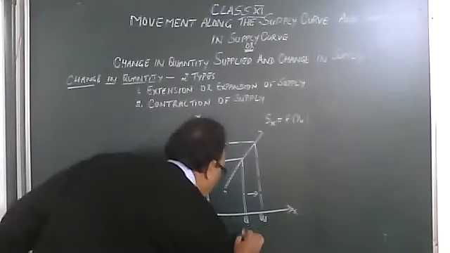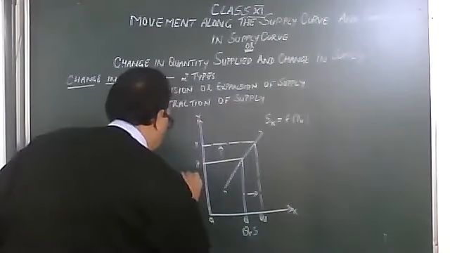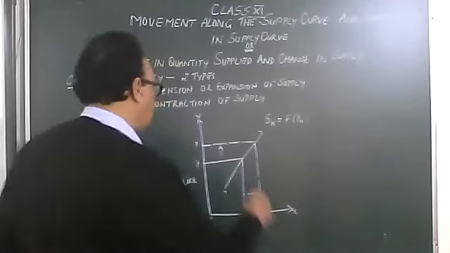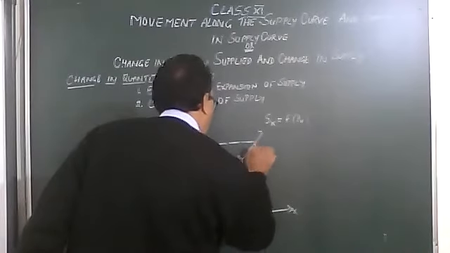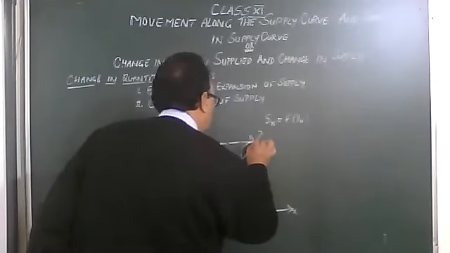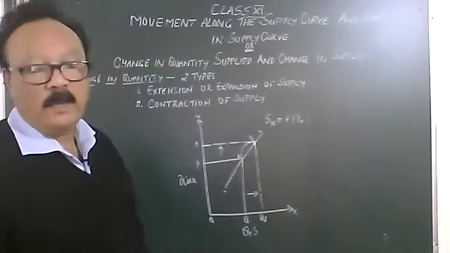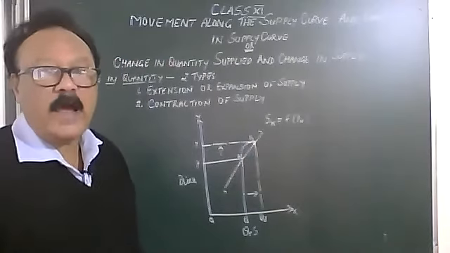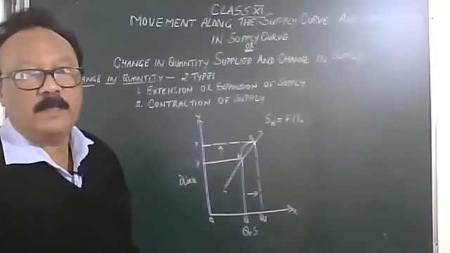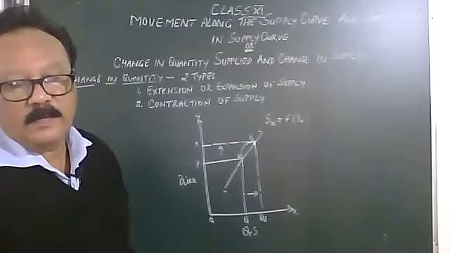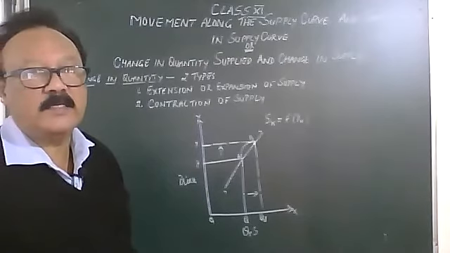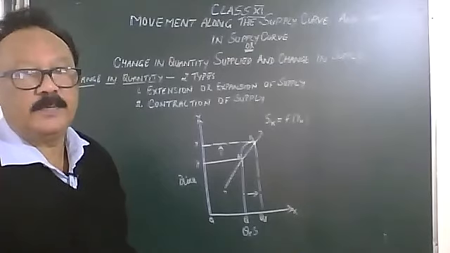This is the quantity supplied on the x-axis and this is the price. If this is point A and this is point B, there is an upward movement from A to B. Why did this happen? Due to the rise in its own price. Remember, supply is dependent on its price. If the price increases, the supply increases. There is a positive, direct relationship.